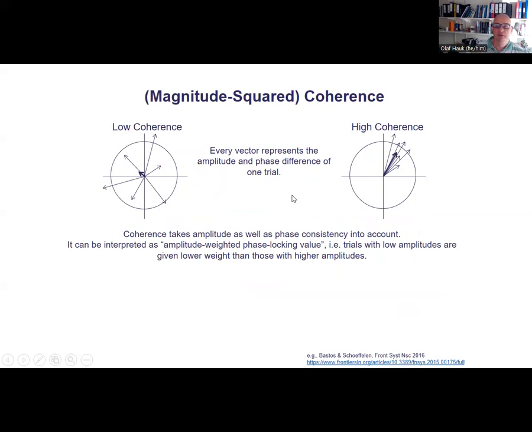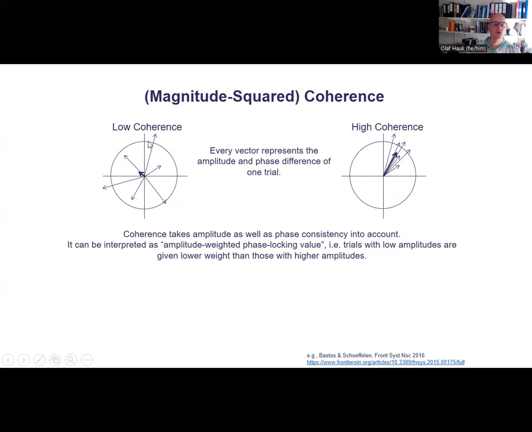There's another method that is used a lot. So far, I've only talked about phase differences, but what about amplitude differences? The correlation I showed you for the resting state activity looks at the amplitude correlation between signals. Now we focus on the phase, but you can actually do both. What I just illustrated, these vectors that you get for every trial that describe the relationship in the polar representation between two signals, between two regions, you can do that while taking into account the amplitude.